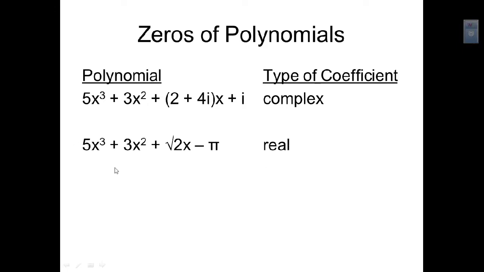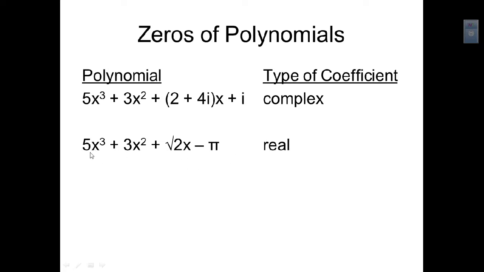Now, you can also have a polynomial where all the coefficients are real. Now remember, the square root of 2 is real, but it's not rational. It is an irrational number. Pi, same thing. Now notice that we've got x, it's still to the first power. Remember, we had the rule that said if we have x to any power that is negative or not an integer, then it's not a polynomial.